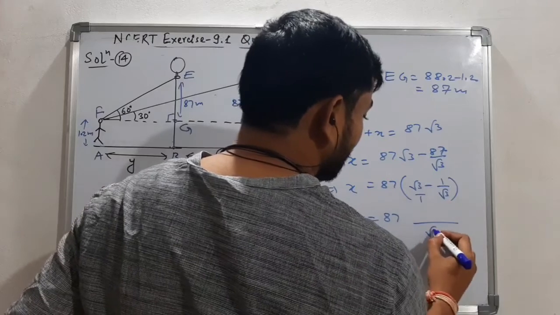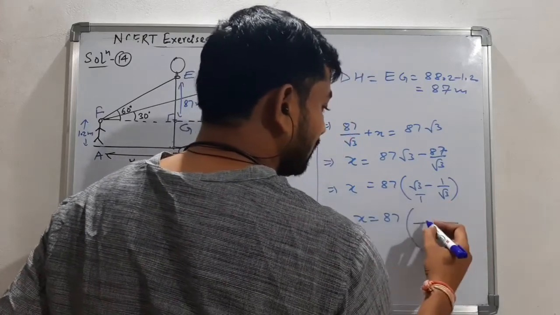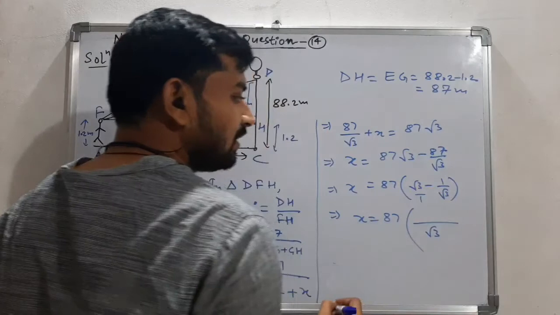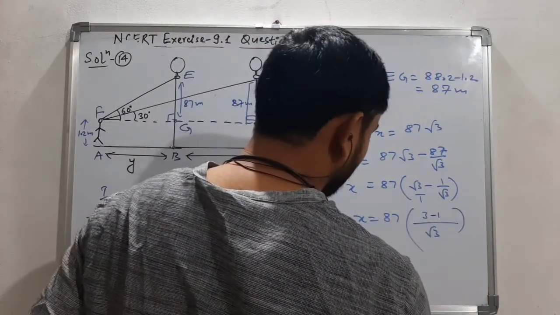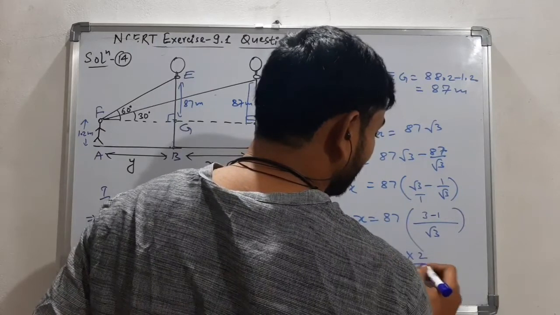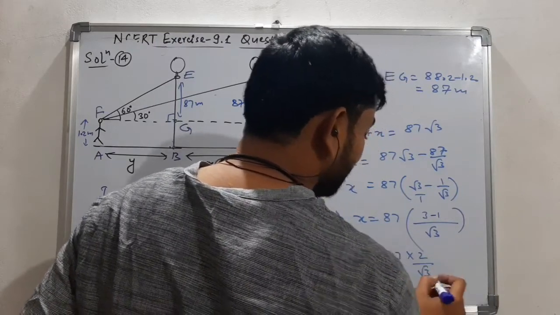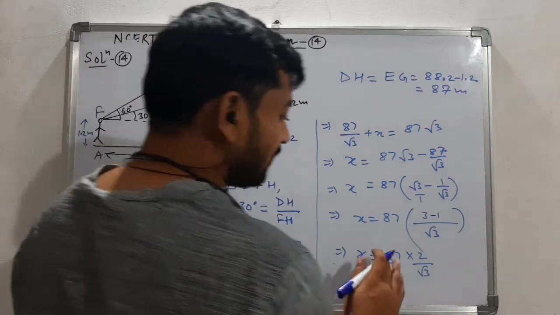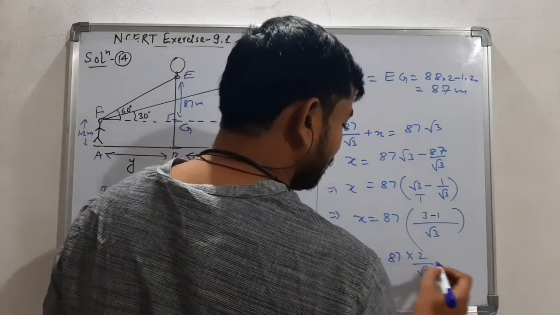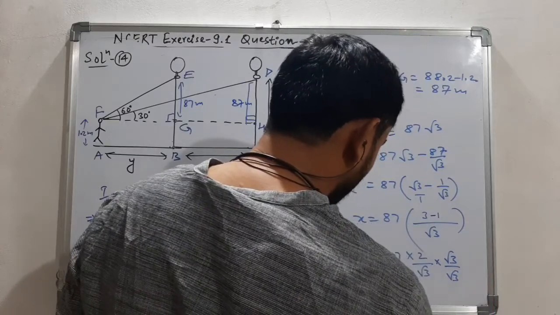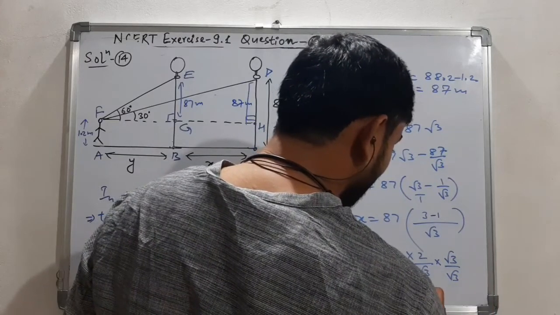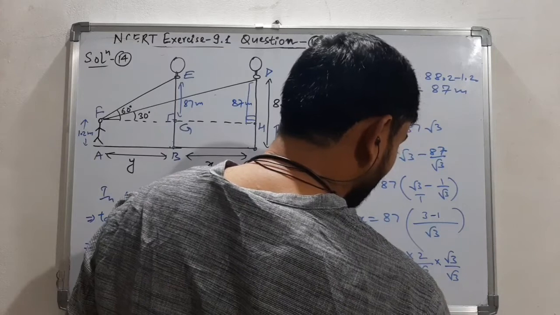Now the LCM here is root 3. When you cross multiply this, you will get 3 minus 1. So the value we are getting here is 87 into 2 by root 3. Now again this root 3 cannot be kept in the denominator, so we have to rationalize, so multiply it by root 3. So X is coming out to be 87 into 2 root 3 upon 3.